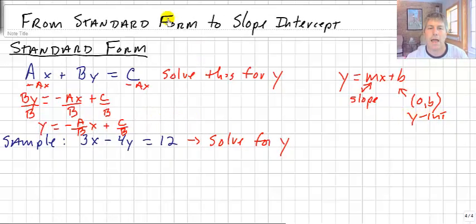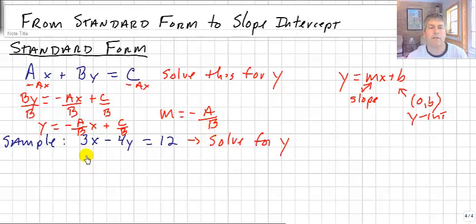So if we go back and take a look now at our y equals negative a over b x plus c over b, sure enough, negative a over b is the same as m. It's in the same location as the coefficient on x. And c over b is going to be some constant. So as it turns out, in standard form, slope is the opposite of a over b.